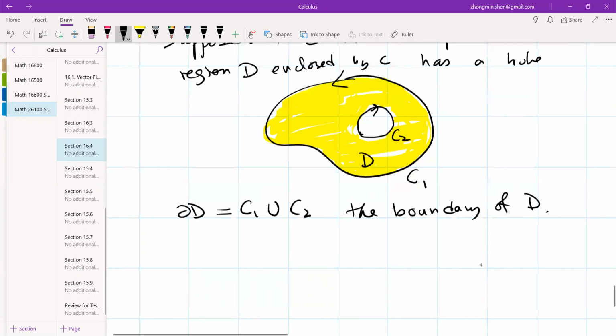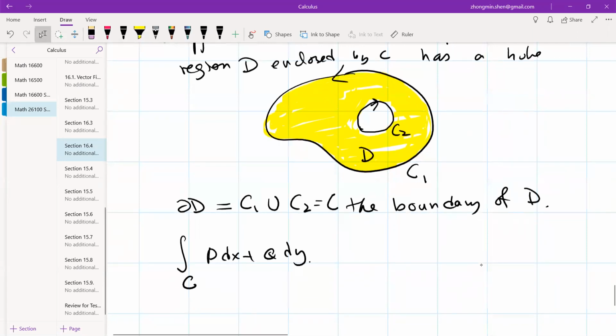My question is, do we still have the integral of P dx plus Q dy around this C, okay? So this is also denoted C. C consists of two curves, but with opposite orientation, okay?